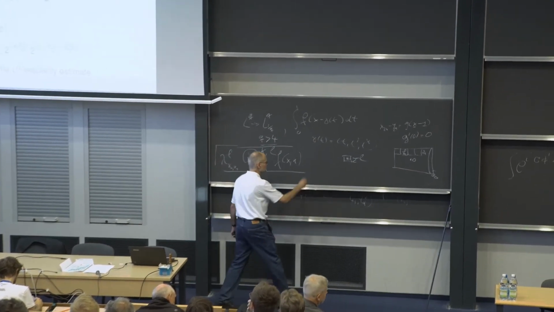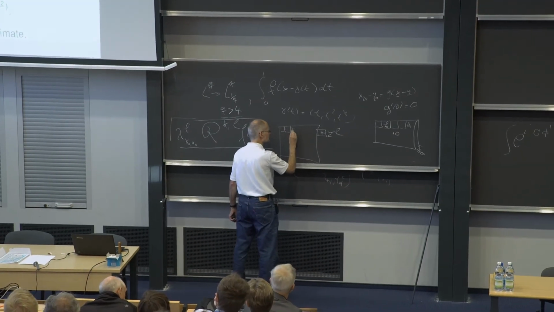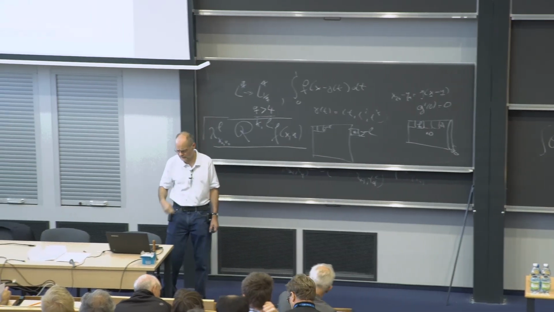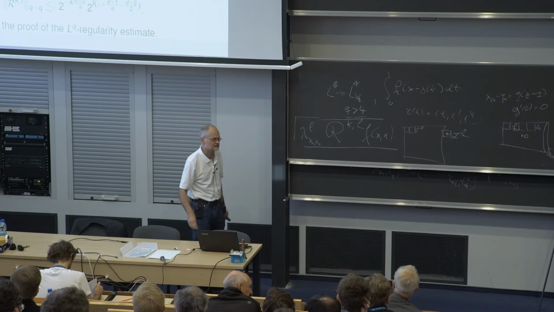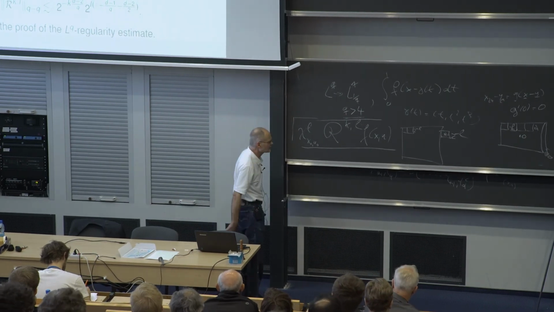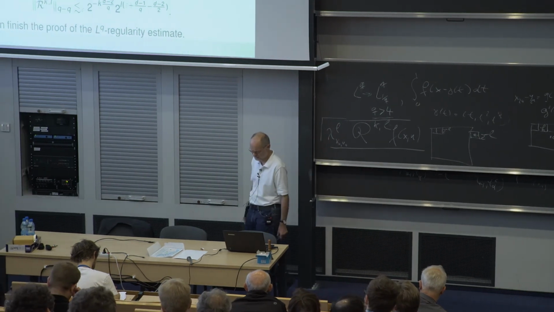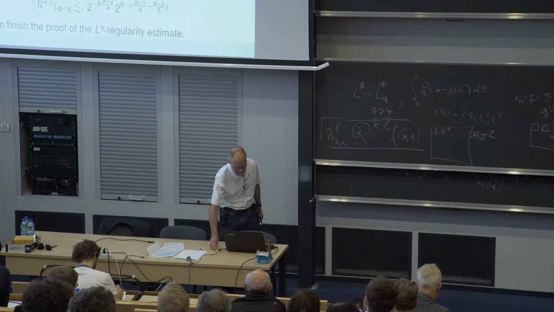The function is supported in a big cube, and we divide this into cubes of size 2 to the minus L, or slightly larger, 2 to the minus L times 1 minus epsilon, and we write our decoupling theorem for that. Okay? In that decoupling theorem, if we have the little L2 decoupling theorem, we don't lose much. If we have the LP decoupling theorem, we just apply Hölder's inequality and we get a sharp result.